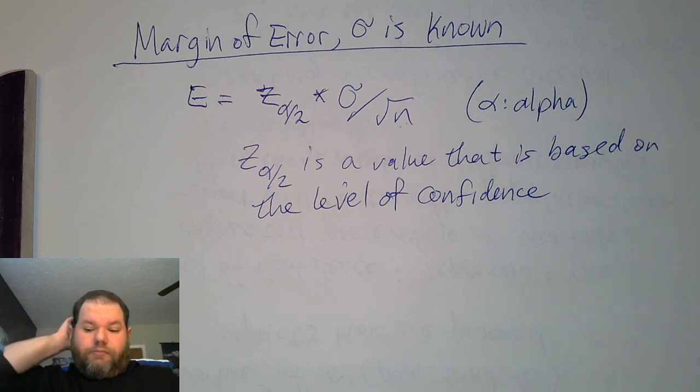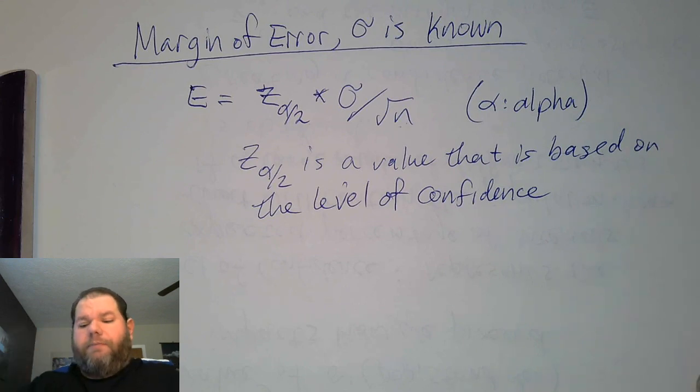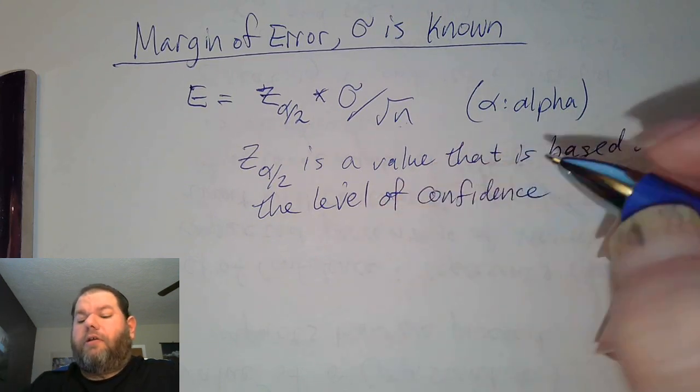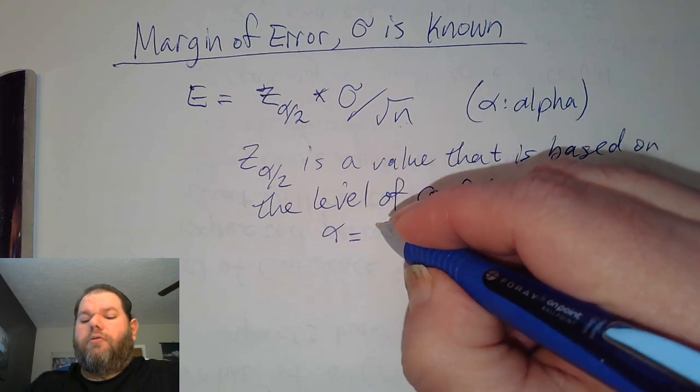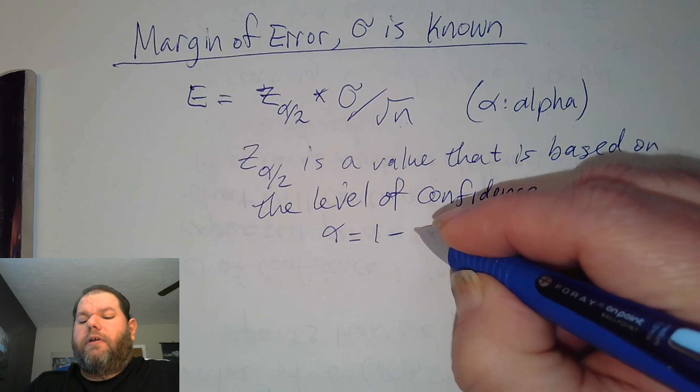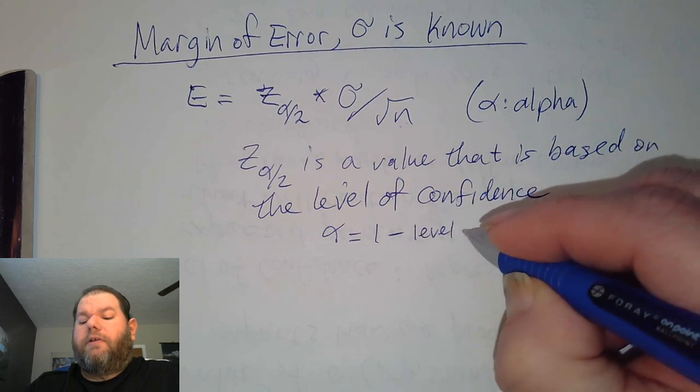Now, alpha is equal to 1 minus the level of confidence.